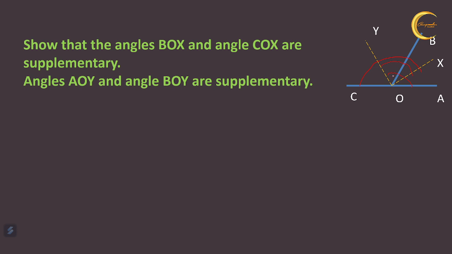Again it is very easy to prove. Supplementary means the sum equals 180 degrees. We know angle BOY equals angle COY, and angle AOX equals angle XOB, because these two lines are bisectors. So I think this is proved. This is not a harder problem.